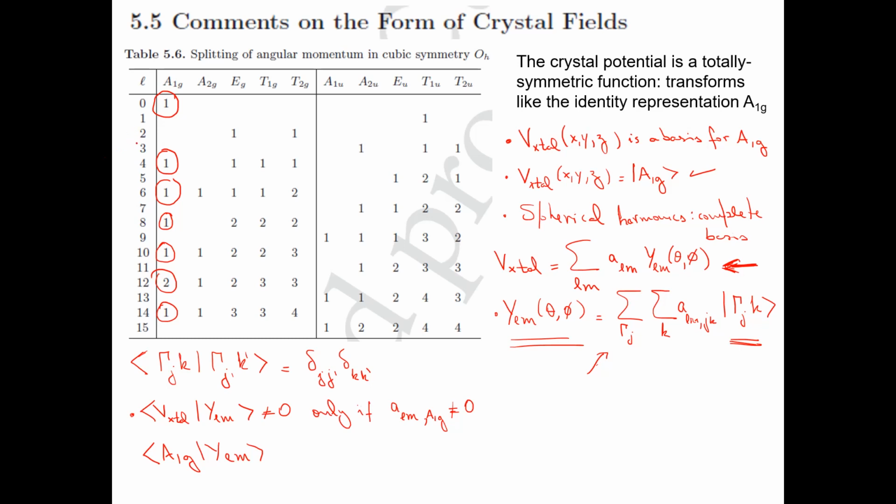For instance, you don't have L equals 2. The smallest value of L after L equals 0 is L equals 4. Okay, so that means that I must have something like x to the 4th or y to the 4th power in the expansion of the crystal potential.